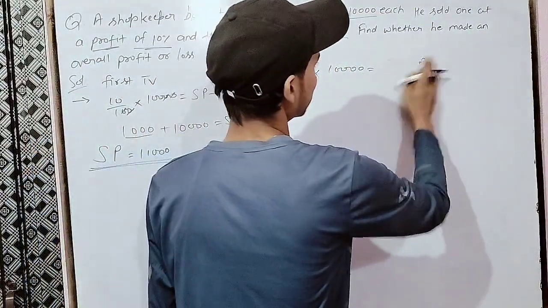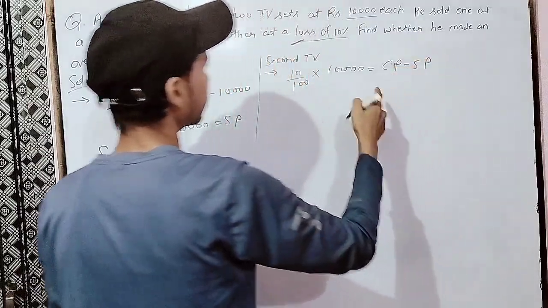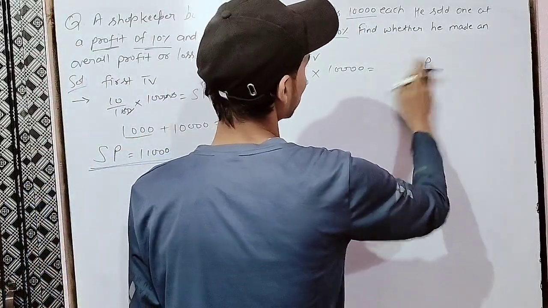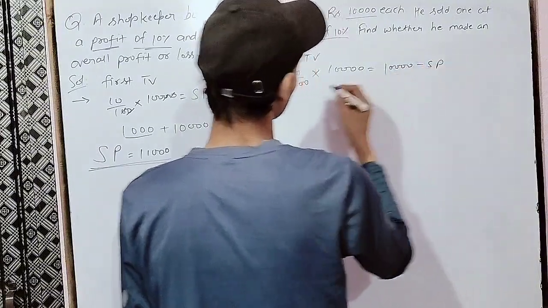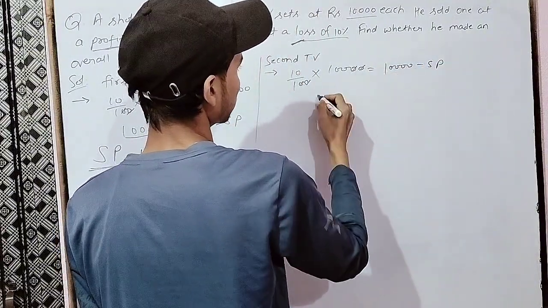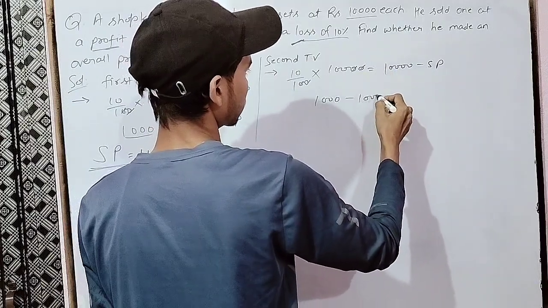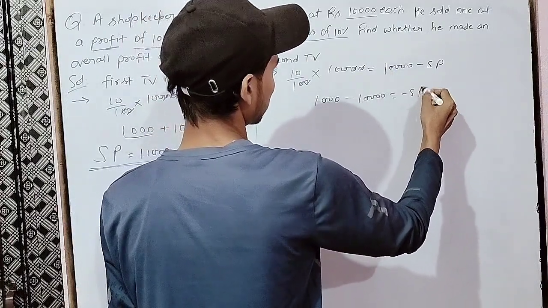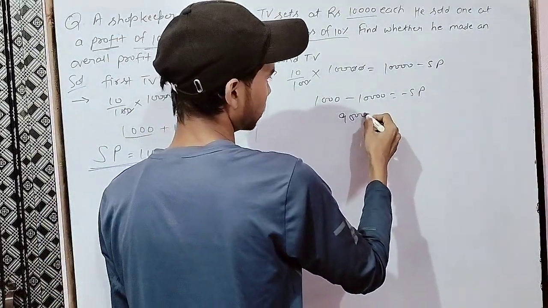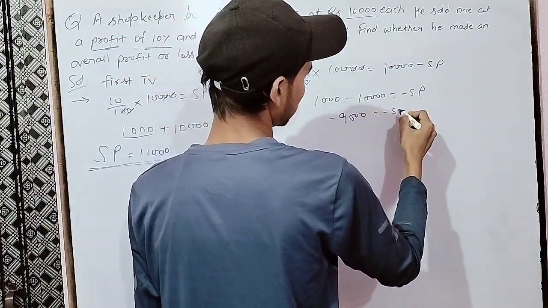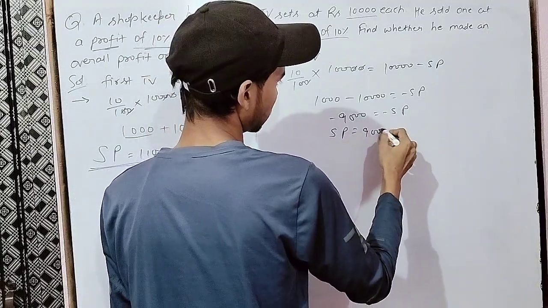Now we have 10,000 minus this. It is how much? 9,000. Finally, this is 9,000.